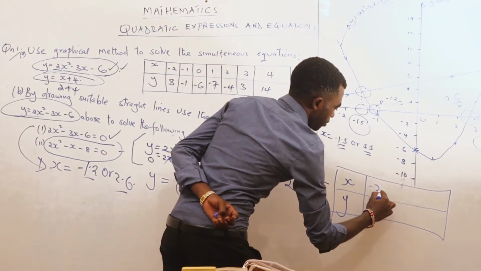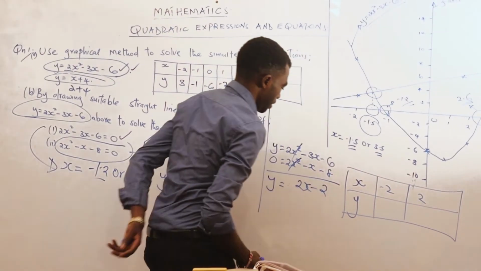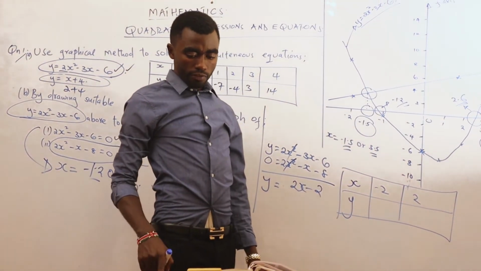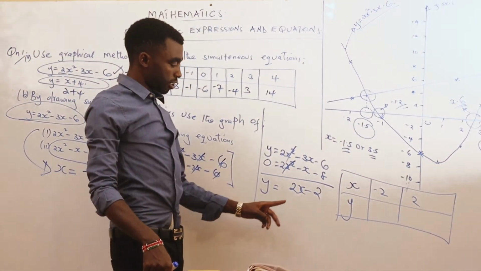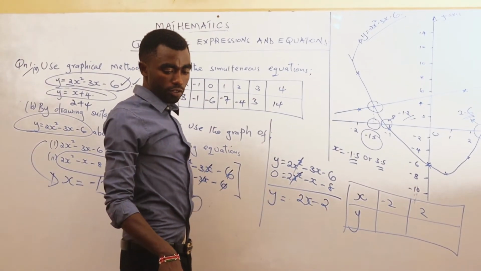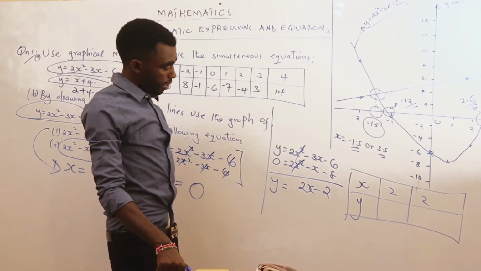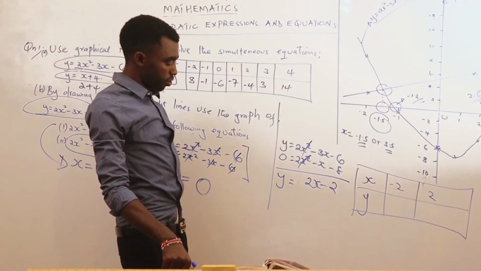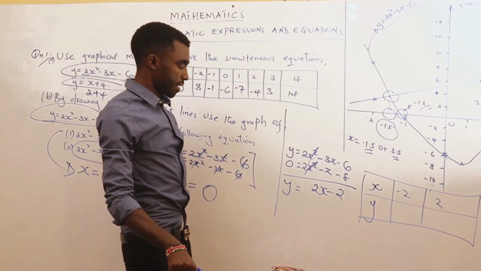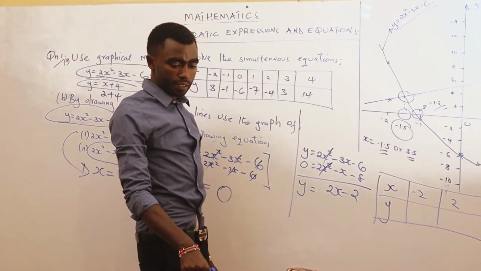You can have negative 2 and positive 2. So when x is negative 2, what will be the value of y? Substitute in 2 minus 2x: 2 multiplied by negative 2 is negative 4, and minus negative 4 gives 2 plus 4, which is 6.